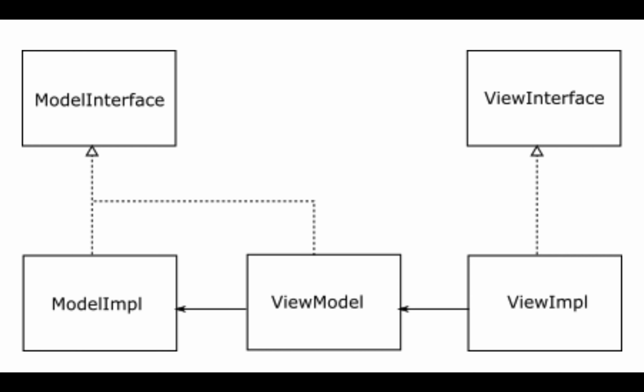The only problem with this implementation is that the view model presumably is also going to implement the mutation methods, and it would expose those mutation methods to the view. So perhaps this might not be a good option, because the model implementation has access to all the setters and the add and remove and whatnot that mutate the model, and we would be exposing it through the view model. So perhaps this might not be a good idea.